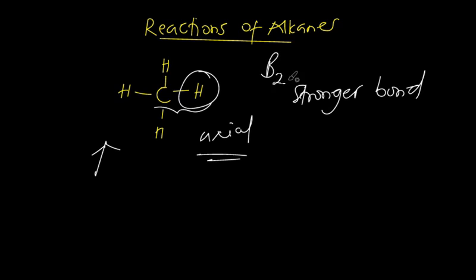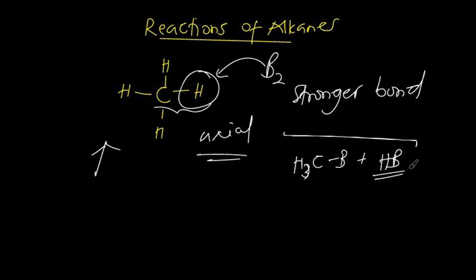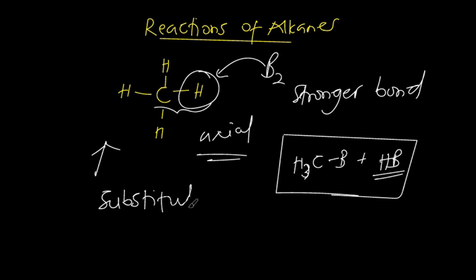Okay, in the process we will have compound B replacing the hydrogen over here, so we'll be having this, CH3 attached to compound B, and then we will be having HB as our byproduct. Okay, so this is a typical example of a substitution reaction.